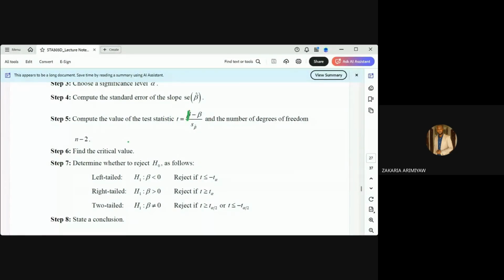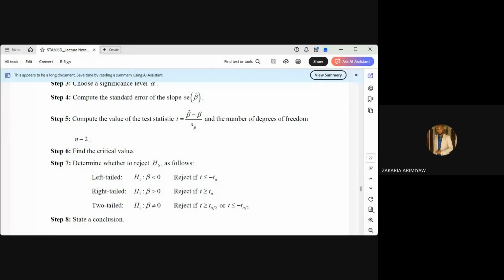We are supposed to have the beta cap, the value in the estimated regression equation, minus the hypothesized beta value, divided by the standard error of the beta cap. So this is the formula we use. And the distribution is T with degrees of freedom n minus 2.